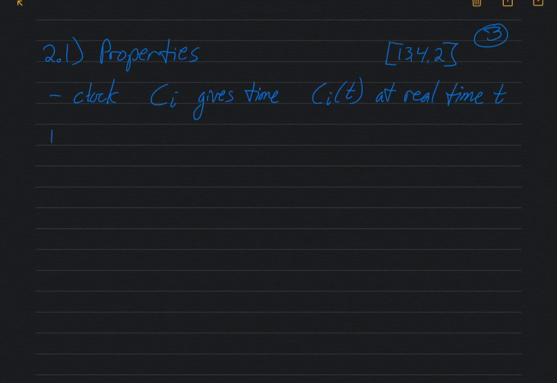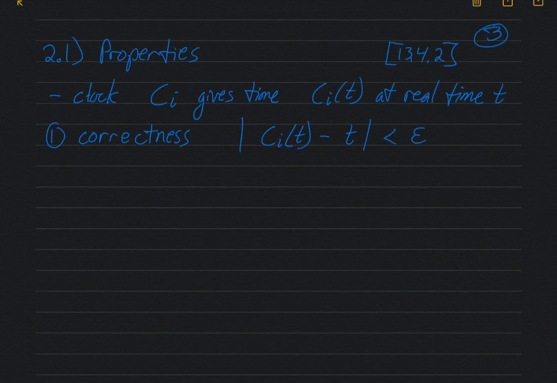And so there are some properties that we need our clock to have. So first of all, we want it to be correct. We want it to tell us the right time. So correctness, and we can define this like this: the absolute value of the time that we read minus the real time should be less than some epsilon.